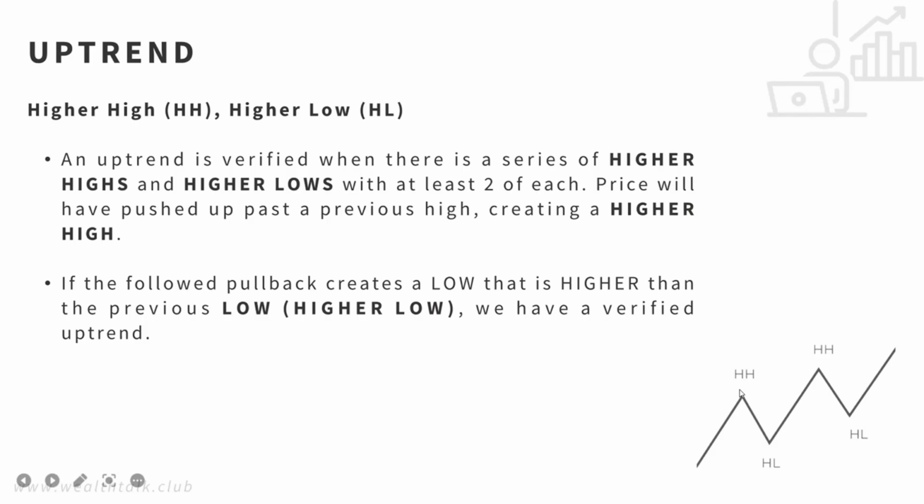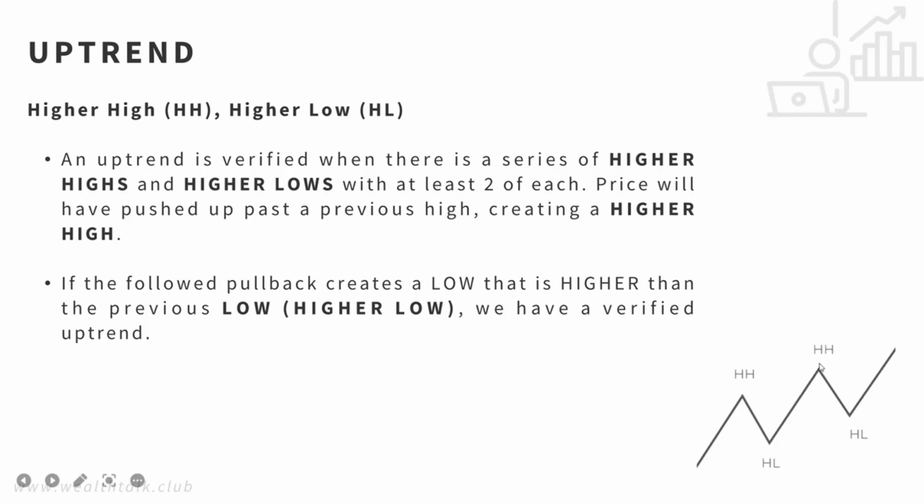If we look to the upside, we create higher highs. This is higher than the previous high. If we look here, this is higher than the previous high. Let's say the price was here at $2 and the price is here at $3 and we're creating a higher high.